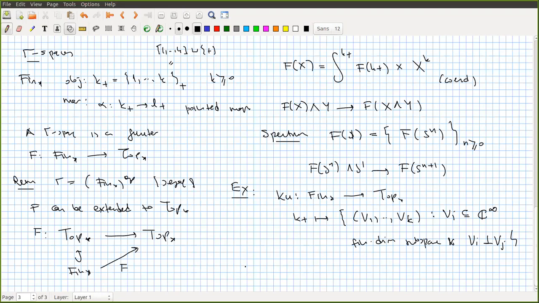But before the topology, let me just define what the morphisms are. If you have a morphism alpha, like here, then this is going to take a K-tuple of subspaces to an L-tuple of subspaces.